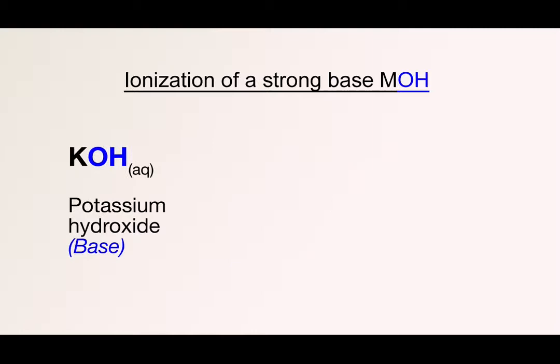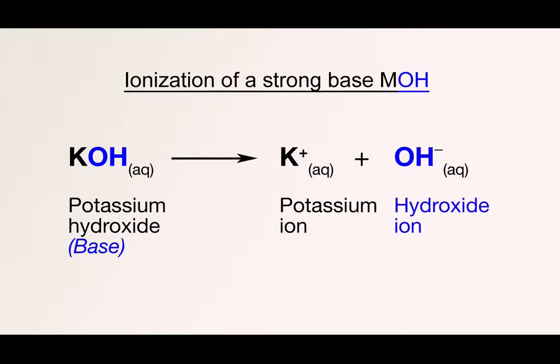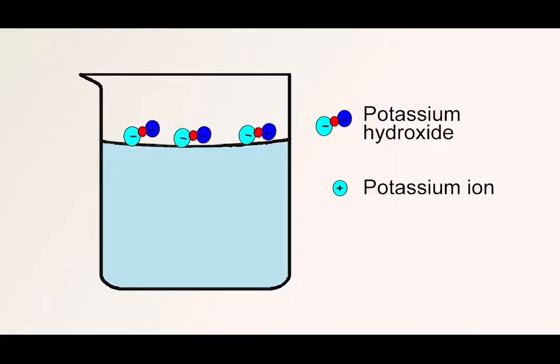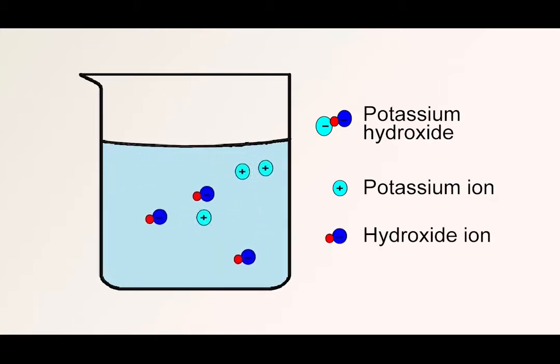For example, potassium hydroxide dissociates completely to produce hydroxide ions. The diagram on your screen shows how potassium hydroxide dissociates to produce potassium ion and hydroxide ion in solution.